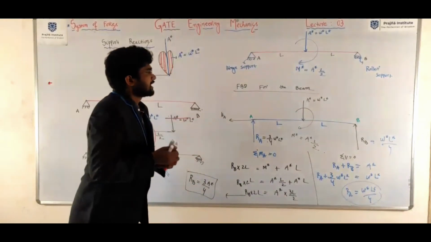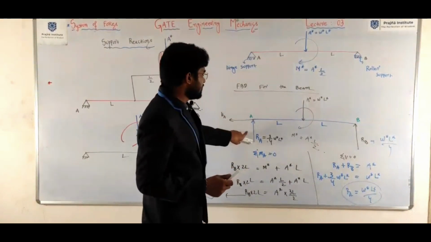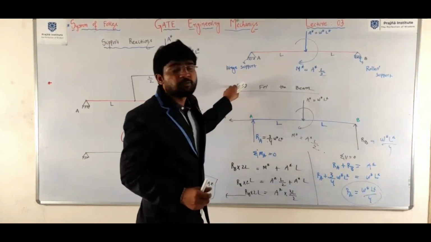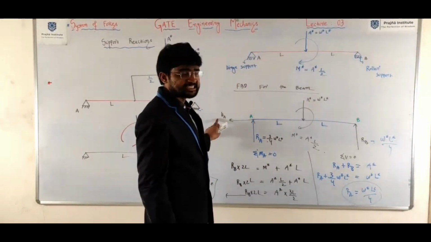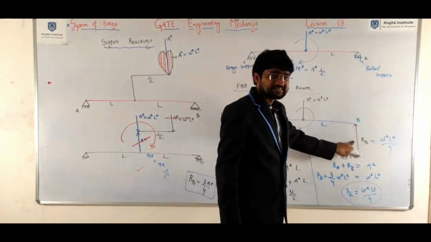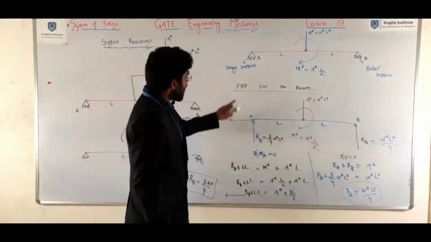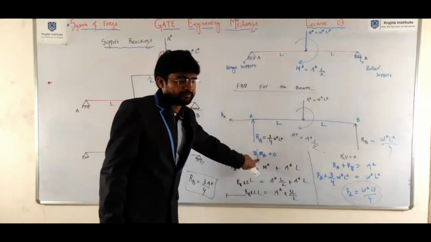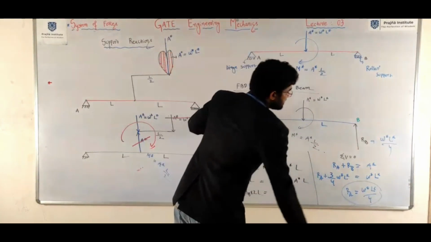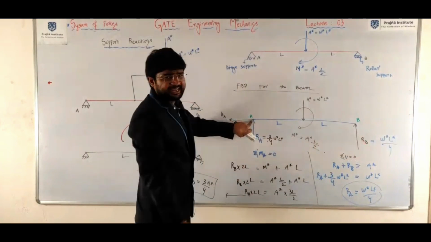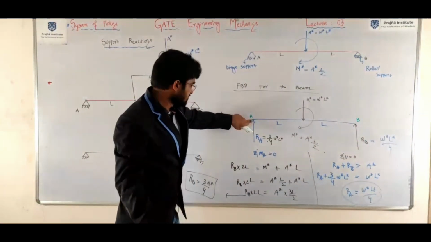Now draw the free body diagram for the beam. For hinge support, 2 support reactions. For roller support, 1 support reaction. Now apply moment about A. Keep your finger here. Moment of RB about point A, clockwise or anti-clockwise?